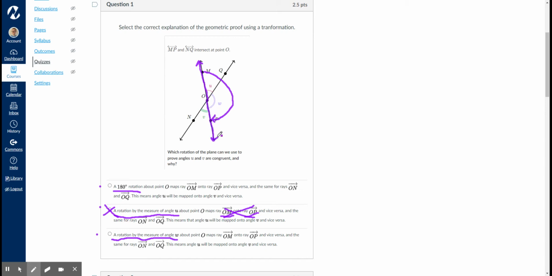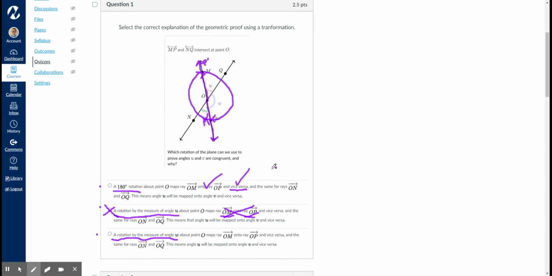So that first part is true. Maps OM onto OP, so that's good. Vice versa means the other way around, so it should also map P to M, which it does. So P prime's here. Okay, so that's good.